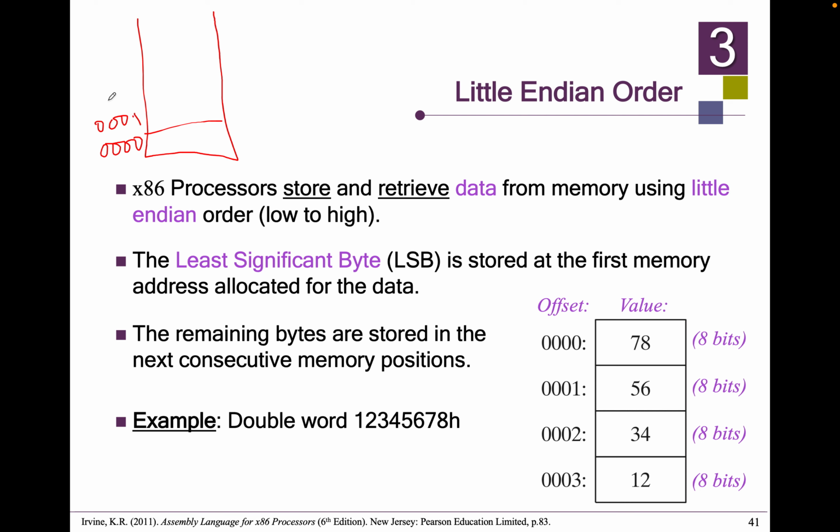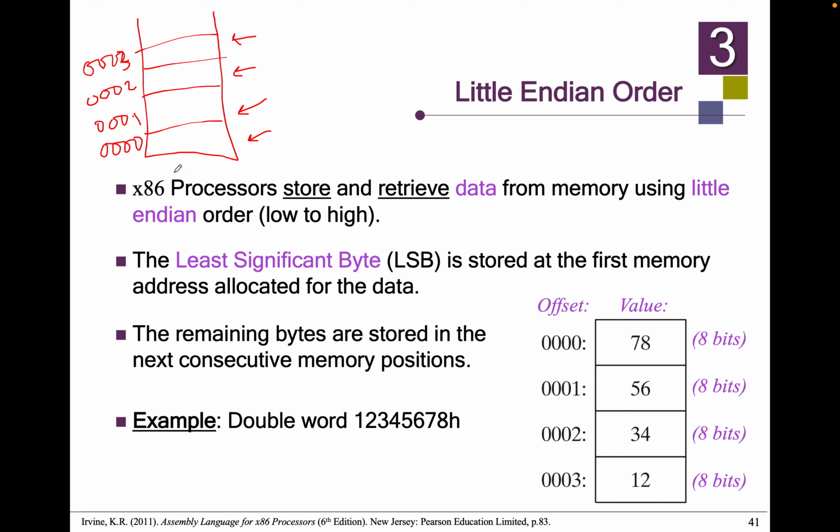And then 0 0 0 1, 0 0 0 2, 0 0 0 3. First of all, normally we have one byte per position. This is 1 byte, this is 1 byte, this is 1 byte, this is 1 byte. So 1 byte is 8 bits.